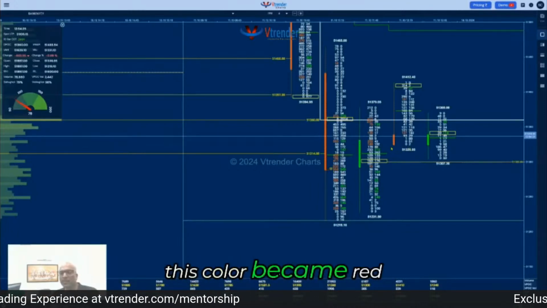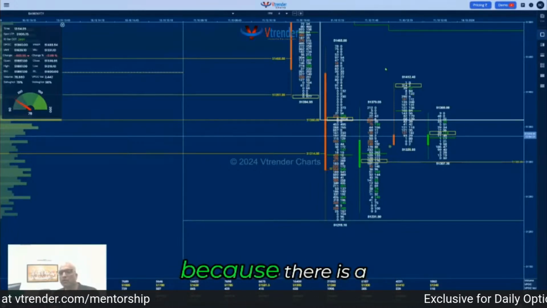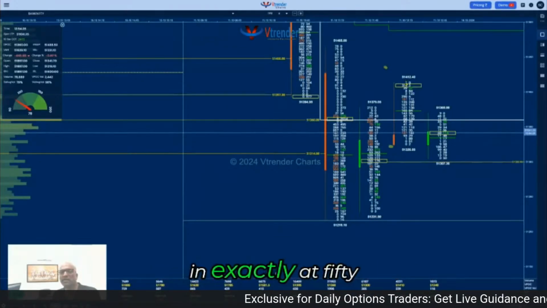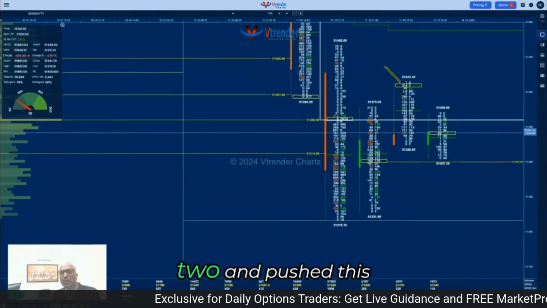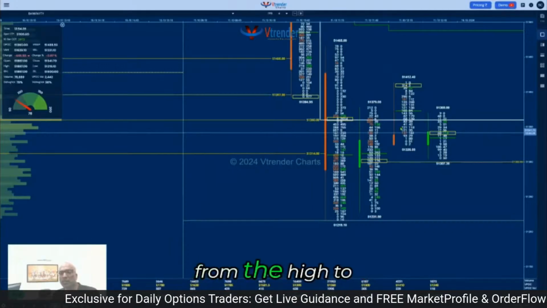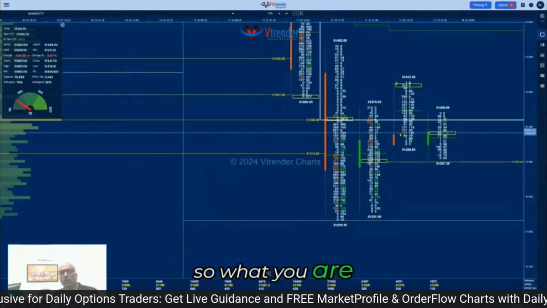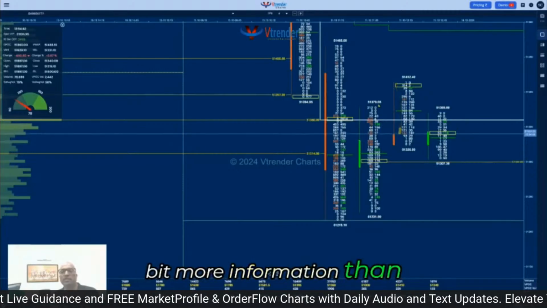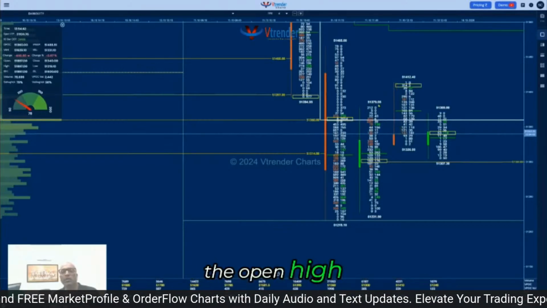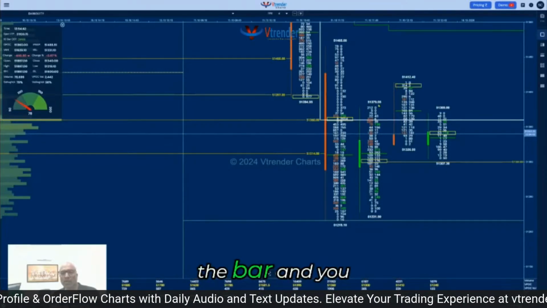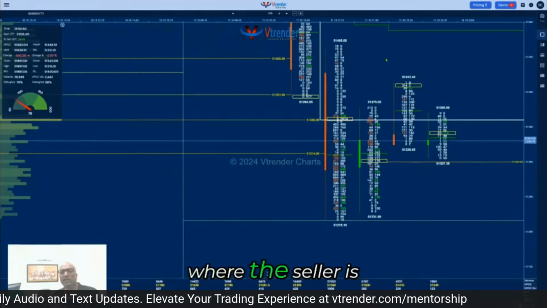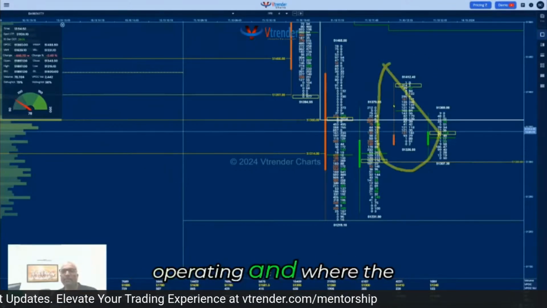This color became red because there is a 314 lot seller which came in exactly at 51,412 and pushed this from the high to this close. So what you are seeing is you're actually getting a little bit more information than the open, high, low, and close of the bar. And you're seeing in these important points where the seller is operating and where the buyer is operating.